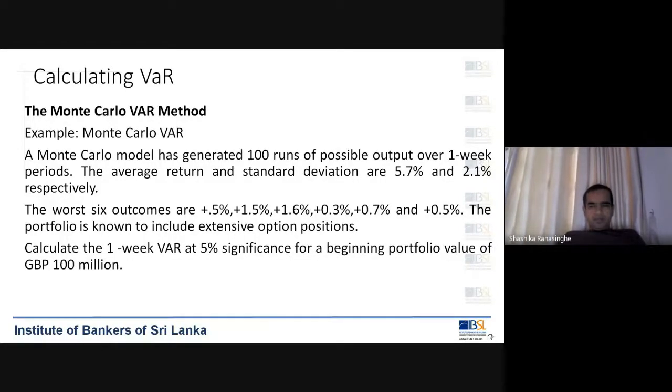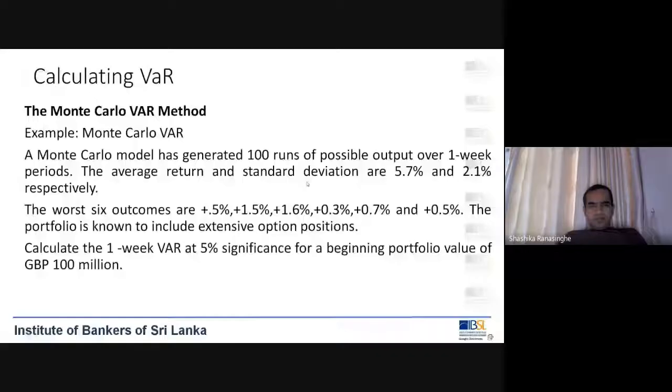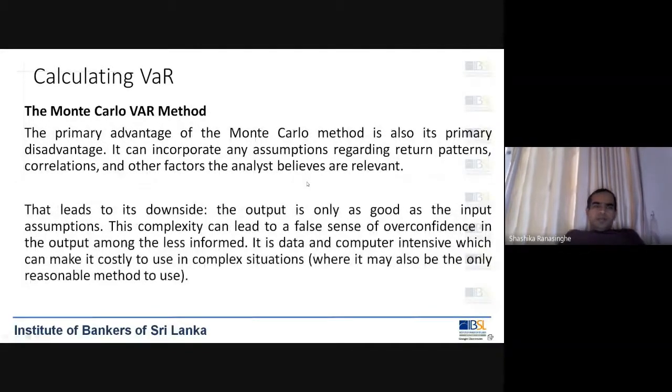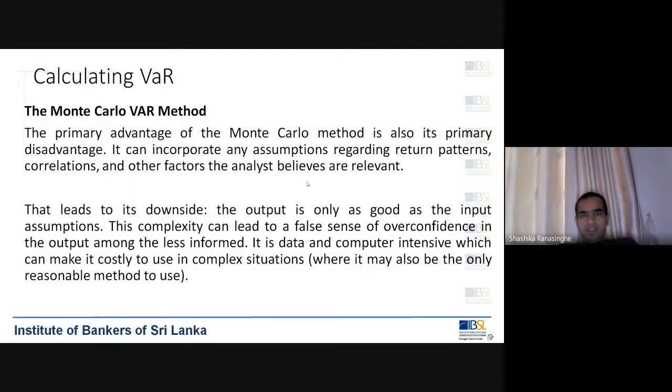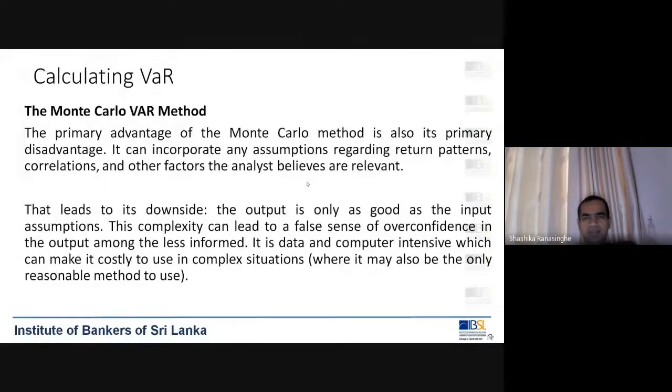Okay, any questions up to now? Okay, so that's Monte Carlo. The primary advantage of Monte Carlo is also its primary disadvantage because it incorporates many assumptions regarding return patterns, correlations, and other factors the analyst believes are relevant, right? So it may assume some random relationships between correlations.